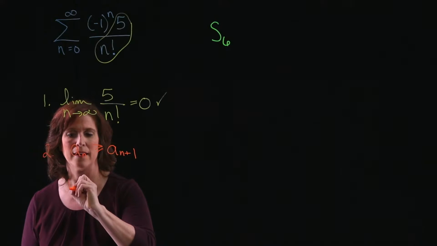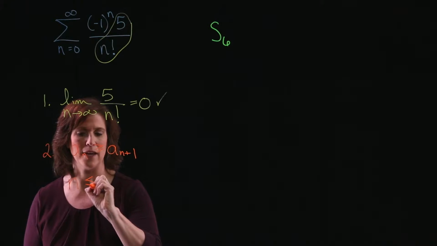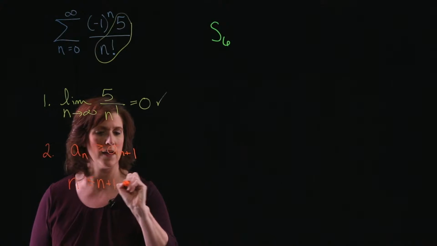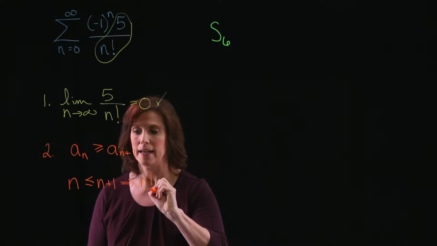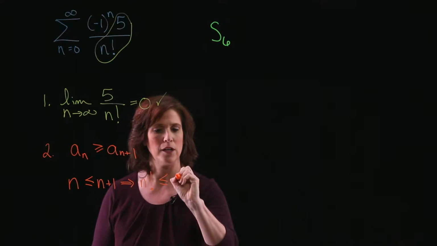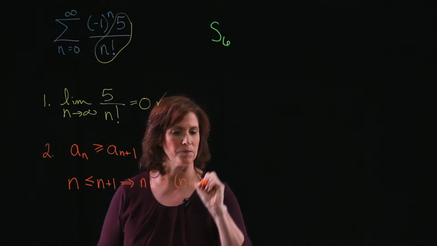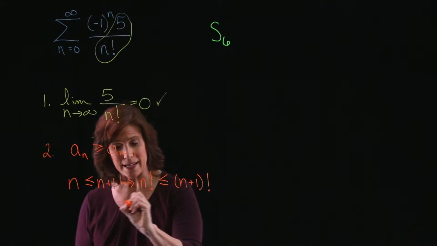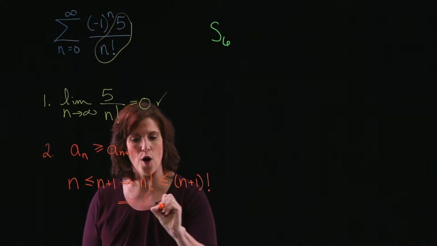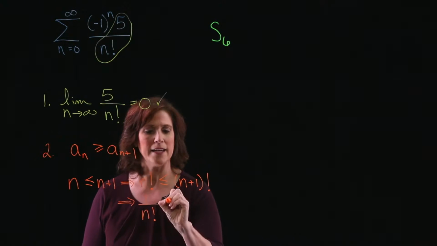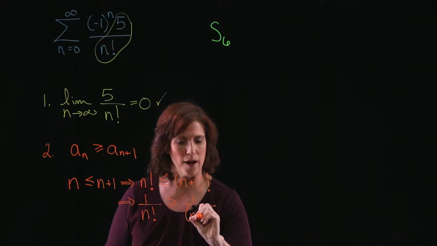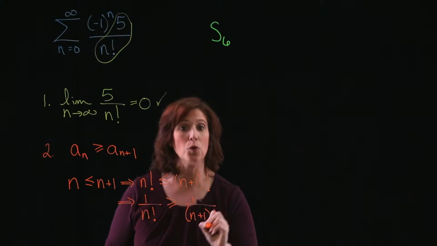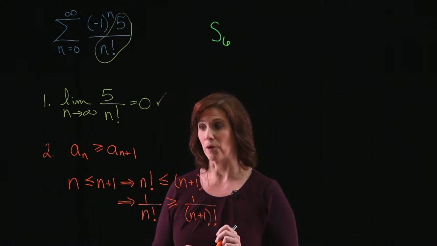I know that n is definitely less than or equal to n plus 1, which means that n factorial is definitely less than or equal to n plus 1 factorial, which means that 1 over n factorial is greater than or equal to 1 over n plus 1 factorial, because we're taking the reciprocal.